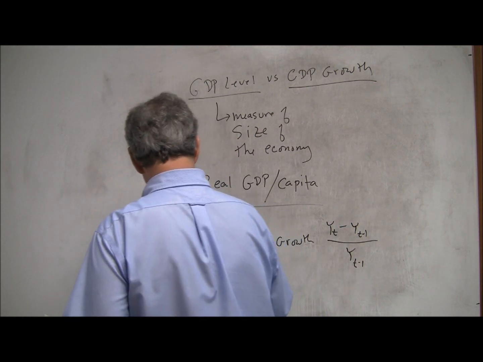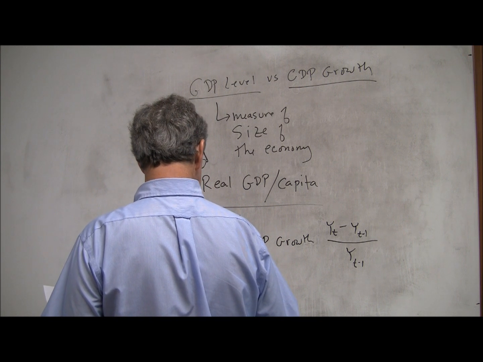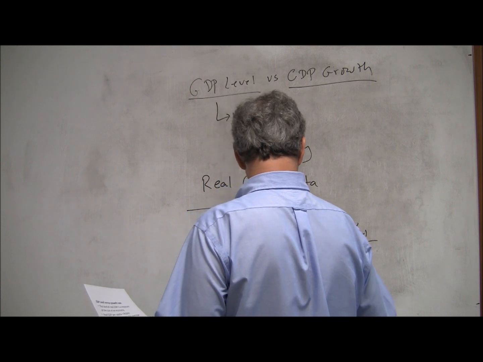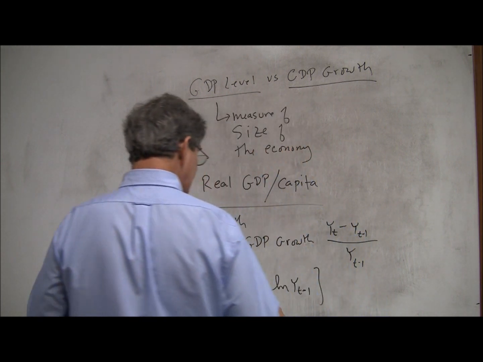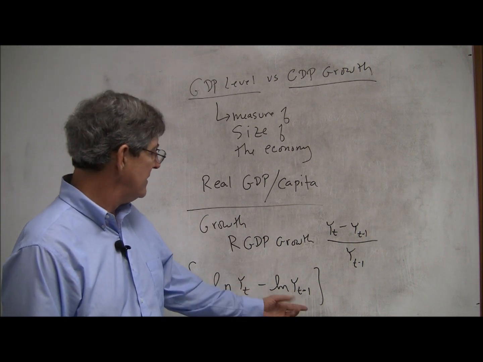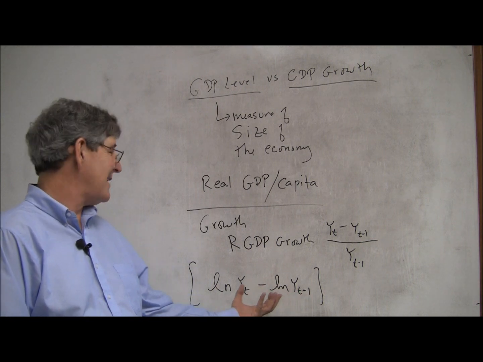You can also measure this, I won't go through it, but you can also measure it as the log of Y_t minus the log of Y_t minus 1. So when I'm doing econometrics and I want to measure growth rates, and I don't have to worry about negative numbers, with GDP it's never going to be negative. You can't produce a negative amount of stuff.